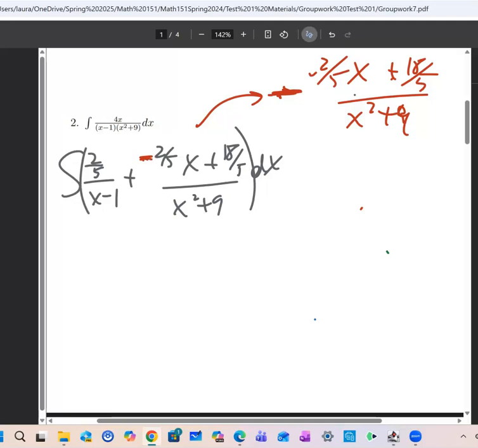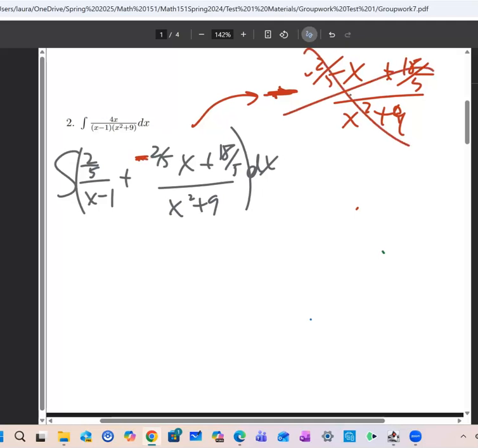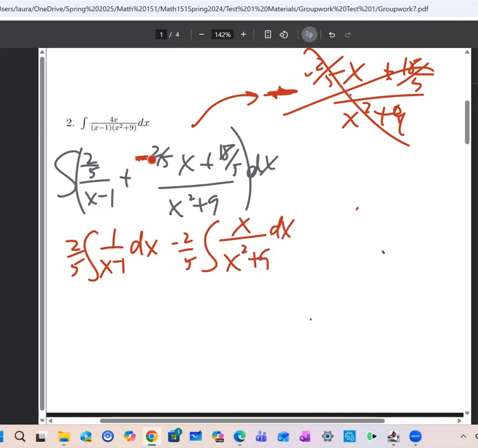It doesn't. So don't do that. So I'm just going to encourage you to go slow with pulling the numbers out in the front. So now I can pull the negative 2/5 out in front, x over x squared plus 9, plus 18 over 5, 1 over x squared plus 9 dx.